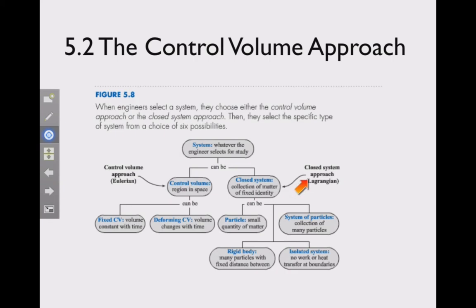So we're allowing for a closed system. If we go down the other branch, we're choosing an Eulerian view. We're going to choose a region of space which we're going to bound by our control volume and our control surface. And as I just mentioned, these can either be fixed boundaries or deforming boundaries, where the volume is constant with time or changing with time.